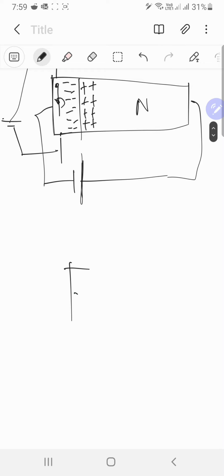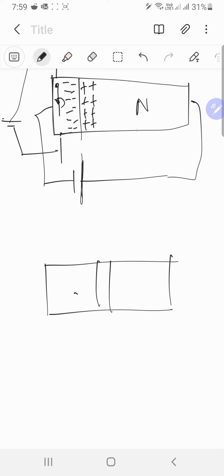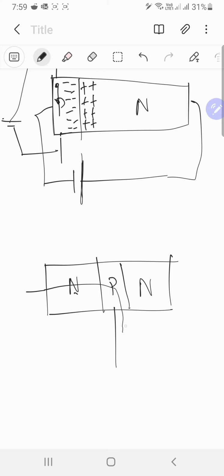What you do is you take another N doped area of semiconductor, and you put it next to the P region. So now you have N, P, and N. And now if somehow we put current through this section, you know that's possible, right?